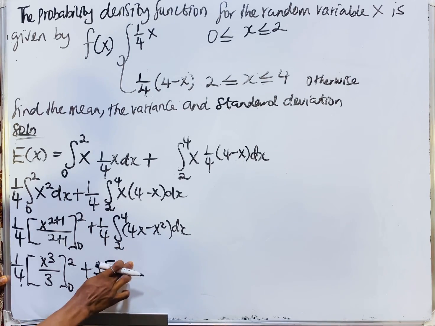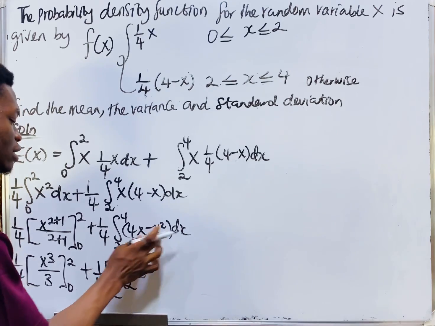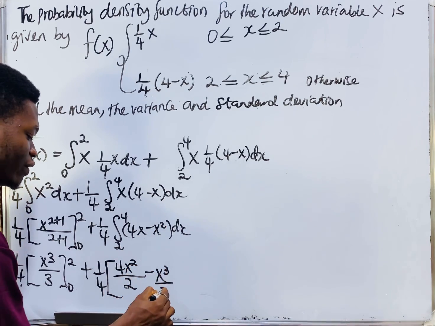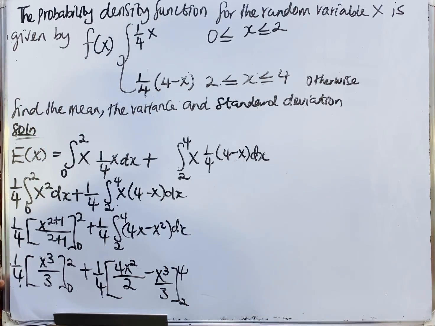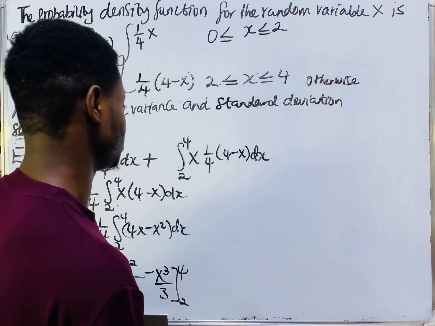Good. x squared all over that same 2, right? Then minus, integrating this one will be x to the power of 2 plus 1, which is 3, all over the same 3, from 2 to 4. Are you there?